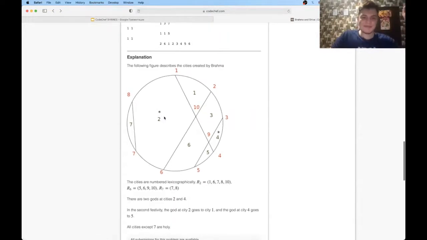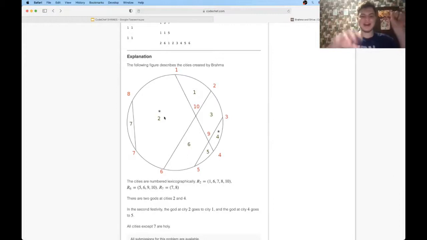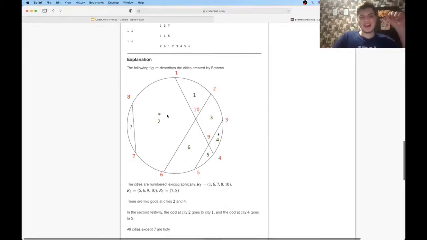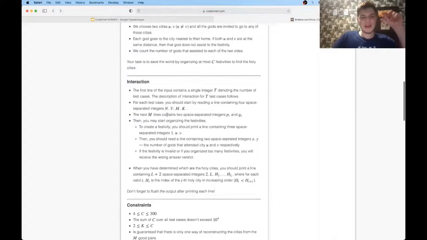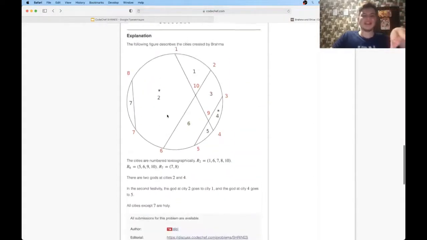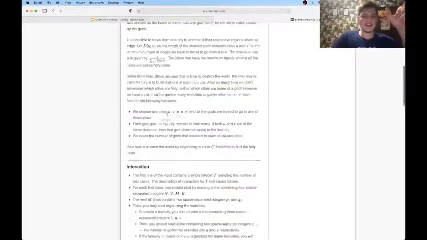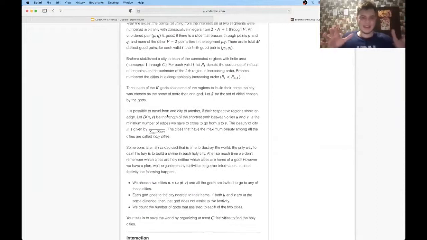So yeah, this way we create this new graph, which is quite weird, and those are basically the regions, and we are selecting a set of vertices. In the problem statement it's said that k of those regions are chosen by some gods, and we are going to say that those cities are basically chosen by gods.